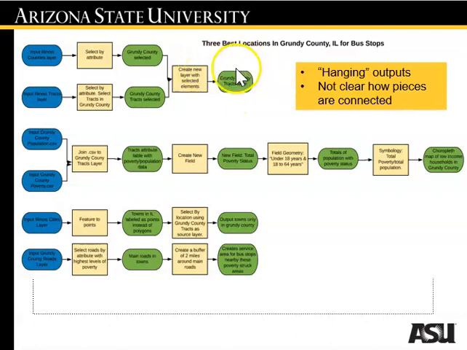And in this case, there's several different outputs here that aren't leading into anything. So it's possible that this person had a bunch of different questions, but more likely they're just not connecting the dots at the end or connecting the pieces at the very end to show how everything fits together to answer the question.